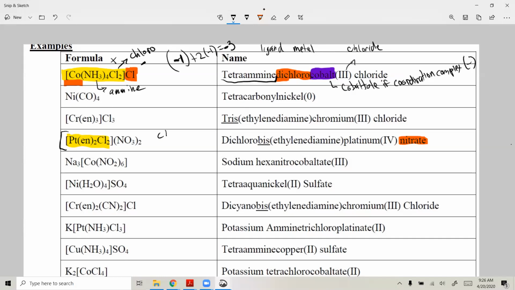So we have chloro once again. And so what does En stand for? Ethylene diamine.